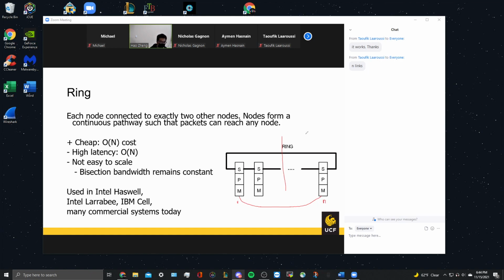So you can go in the other direction to reach the end. So this won't be the longest path. The longest path is the middle part to both ends, right? So this would be your diameter. But we still have the high latency problem, right? But it's much cheaper in cost, right?